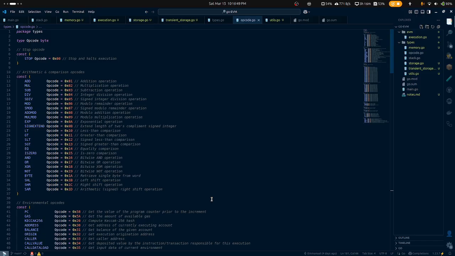That being said, there are two types of virtual machines. We have the system virtual machine and we also have the process virtual machine. The system virtual machine is a kind of virtual machine that runs a complete operating system, right?